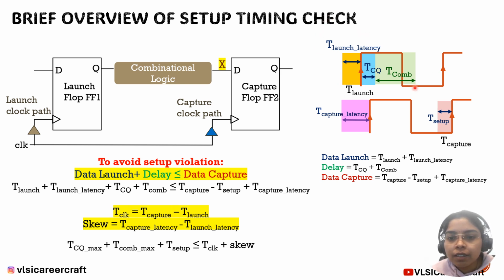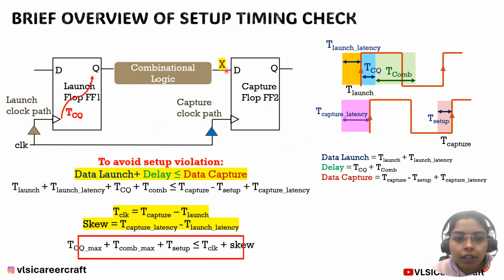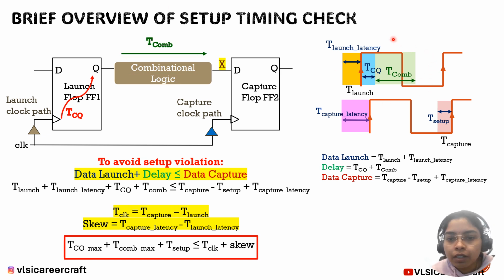Here, this is the launch clock path, and this second one is the capture clock path. When we consider all kinds of delay, that is the launch latency which exists in the launch clock path, the capture latency which exists in the capture clock path, and the additional delays, T clock to queue and T combinational delay, the data is launched at this point and is expected to be ready at this point, that is a certain time before the capture clock edge arrives, which is nothing but the setup time.